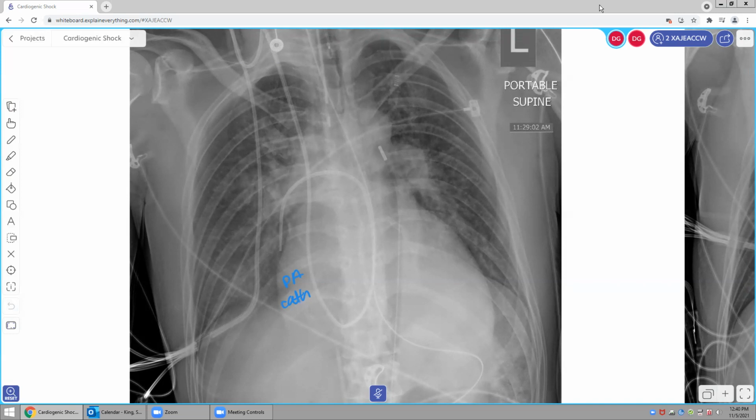Yeah, inflated or deflated? Yeah. So is this systole or diastole? Great. What else does he have? Couple more.